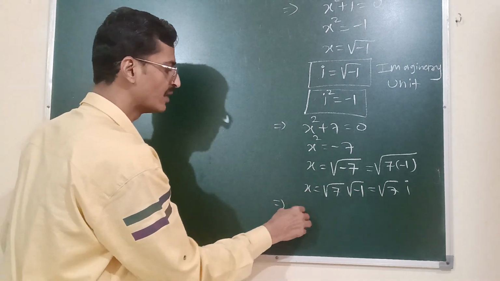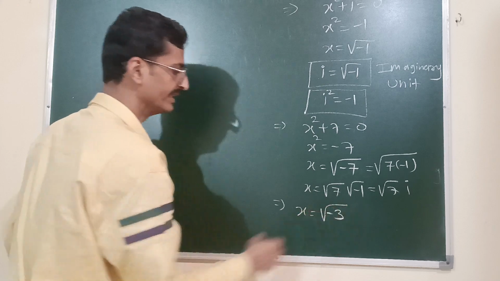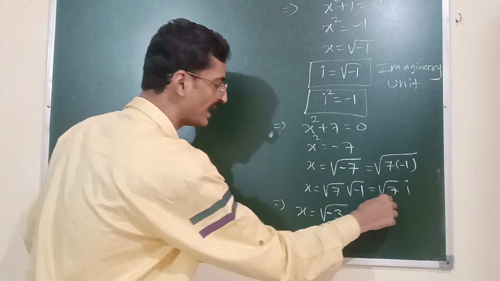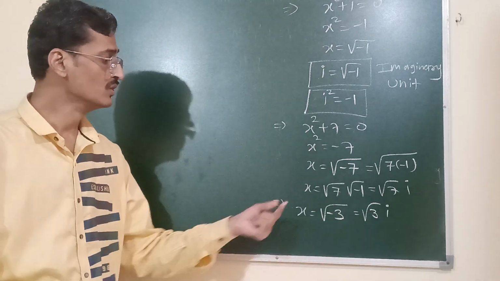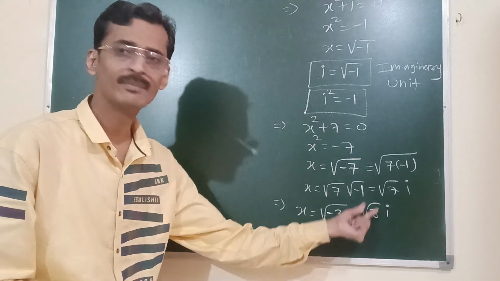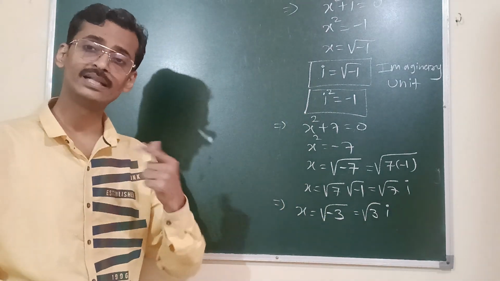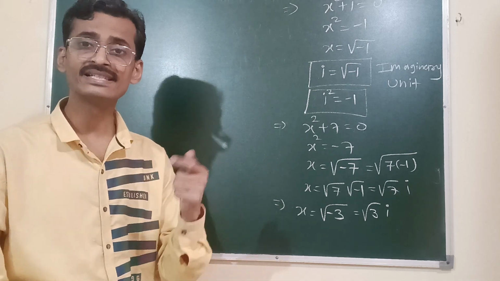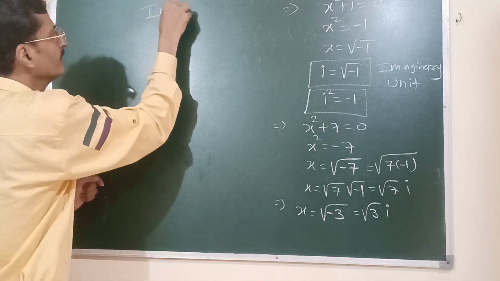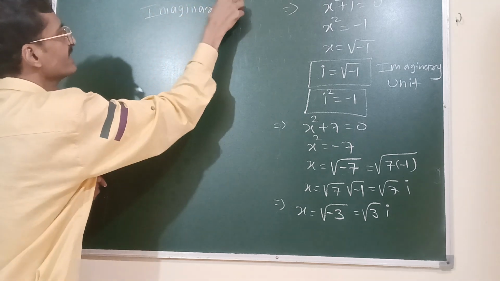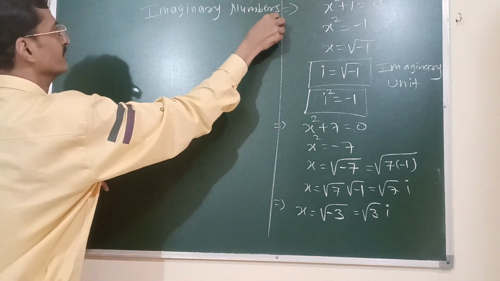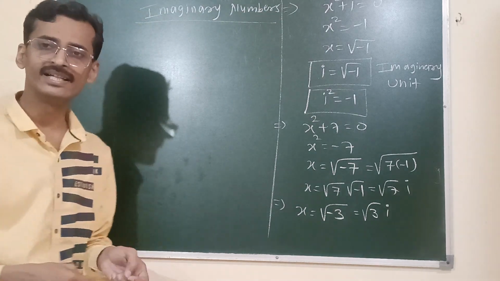Suppose now x is root of minus 3. How can we write this? We can write root 3 into i. Root 3 is a real number, so real number into i. These numbers are defined as imaginary numbers. What are imaginary numbers?